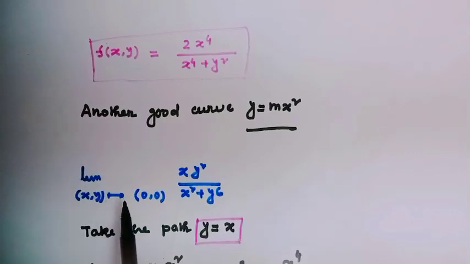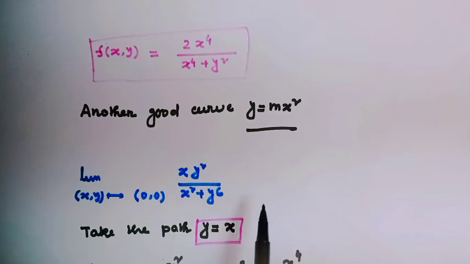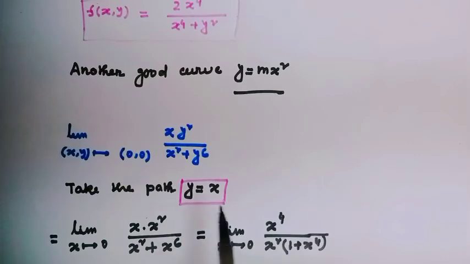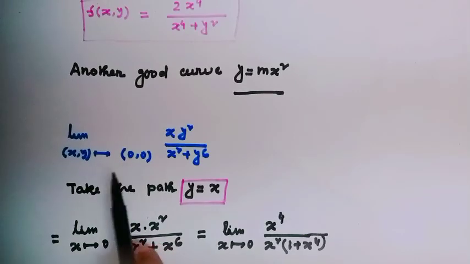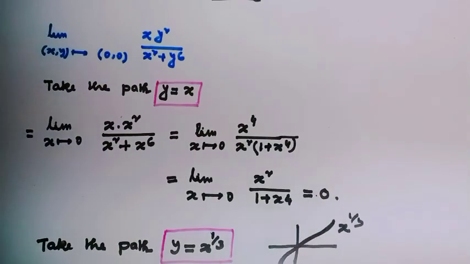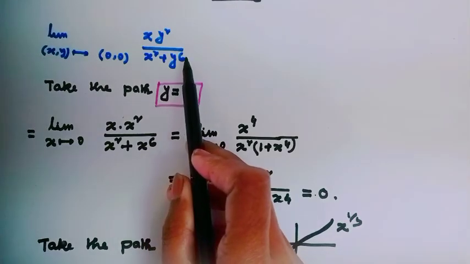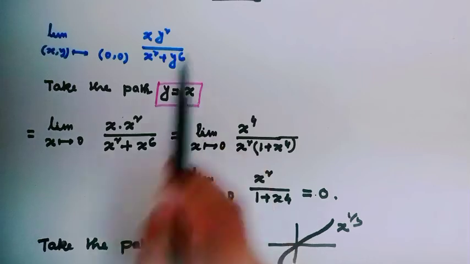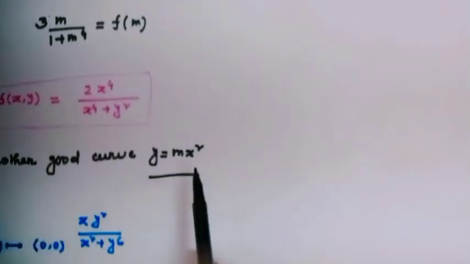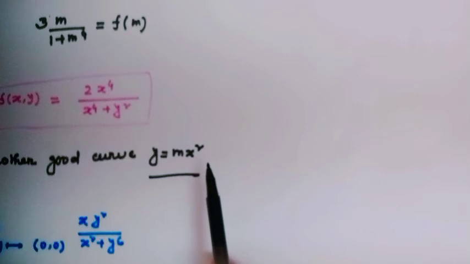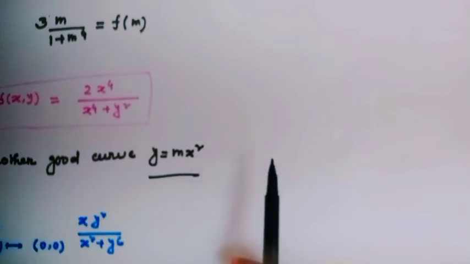Limit (x,y) tends to (0,0), x y square over x square plus y to the power 6. Here, at first consider y equal to x. Since (x,y) approaches (0,0), the value will be 0. But since here y to the power 6, we cannot take y equal to mx square or y equal to mx.